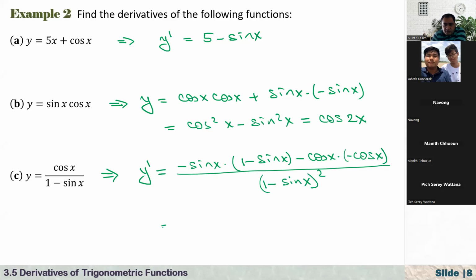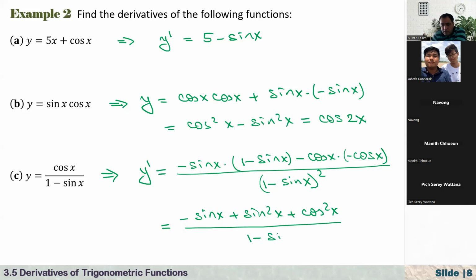And the next step is just simple algebraic manipulation. We have to simplify. In the numerator, minus sine of x times 1 is minus sine of x. Minus minus is plus, sine times sine is sine squared of x. Minus minus is plus cosine squared of x. Over 1 minus sine of x squared. And we know that sine squared of x plus cosine squared of x is our first identity we proved in our class, equal to 1.